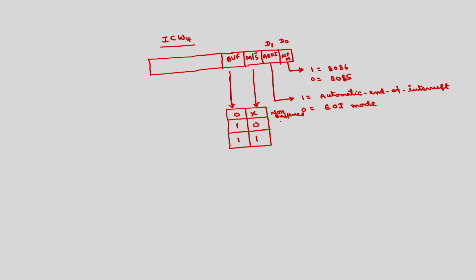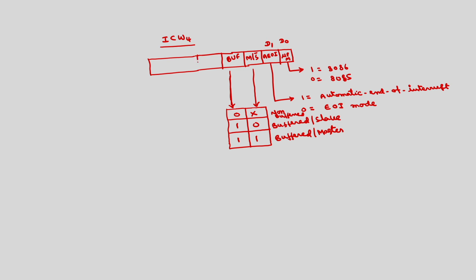What is meant by buffering we will discuss. 1 0 means buffered in slave mode, and 1 1 means buffered in master mode. So, it is about these next two pins, buffer and M by S bar.